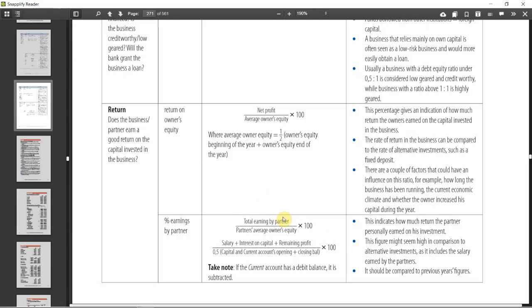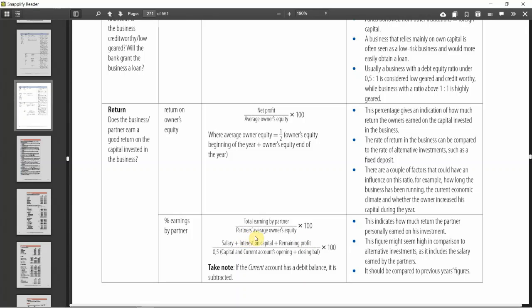Now the total earnings by the partner is what the partner is entitled to according to the partnership agreement. So it will be stuff like your salary plus your interest on capital plus bonuses if there are any, and then the remaining profit share or loss share.